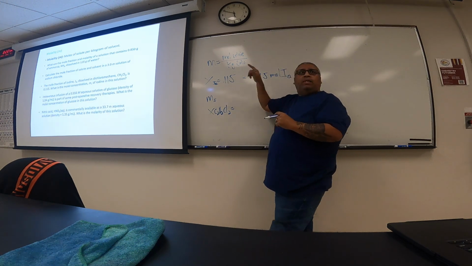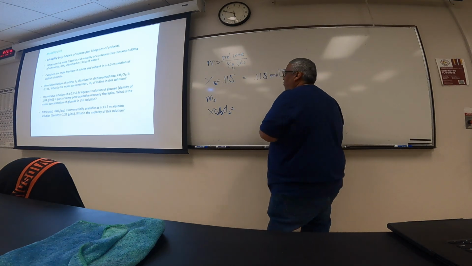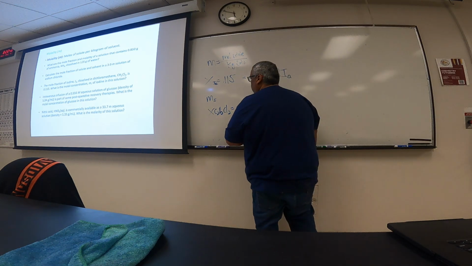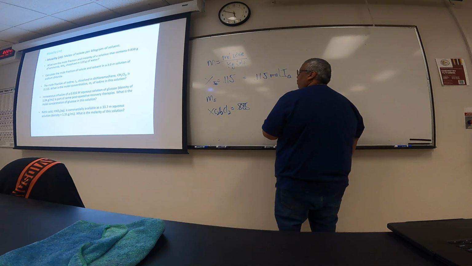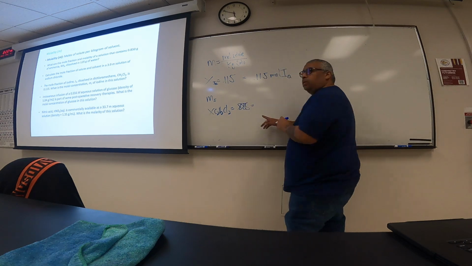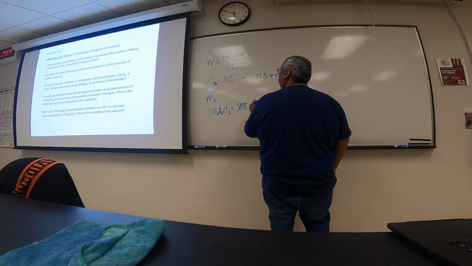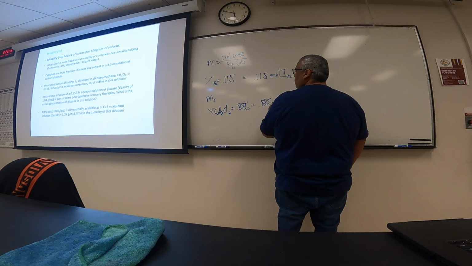So what is 1 minus this? 0.885, which means, because we're considering just 1 mole, we have 0.885 moles of dichloromethane.